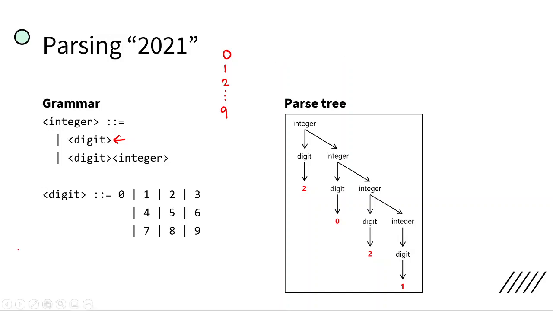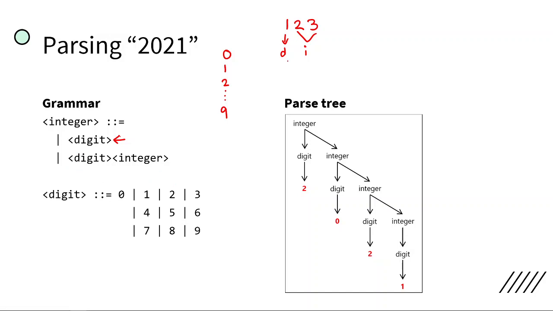So, an integer can be a digit. However, an integer can also be a digit followed by another integer. So let's just say the string 1, 2, 3. We can see that 1 is a digit and 2, 3 is an integer. So it still follows the rules of the grammar.